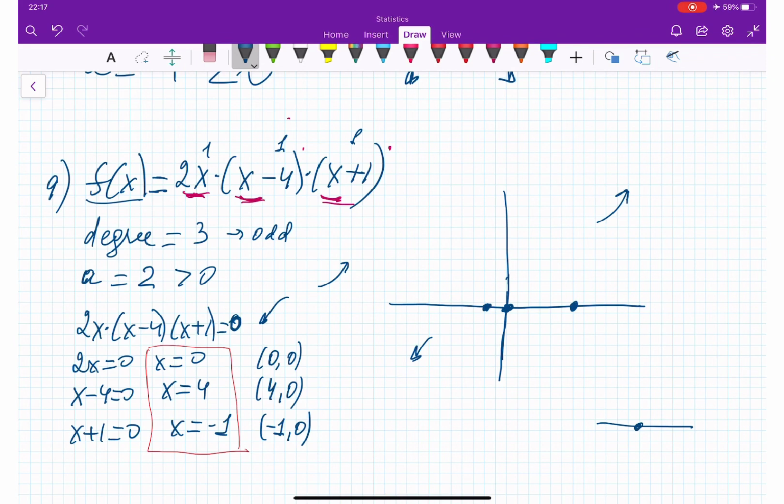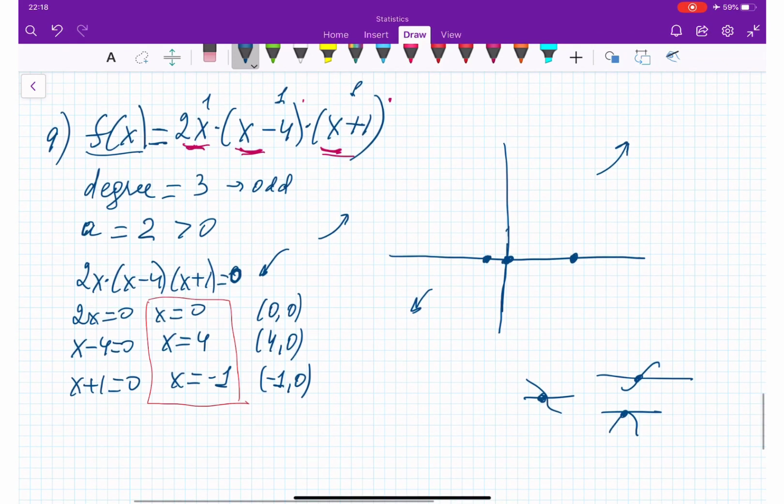Is it gonna cross this way, or turn down, or turn up through this point? We don't know, but I'm going to show you right now.